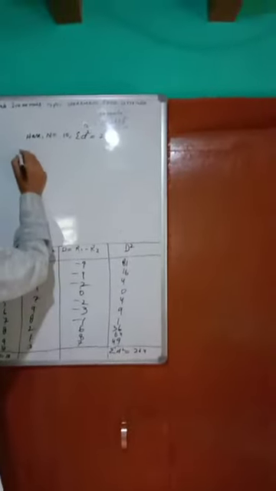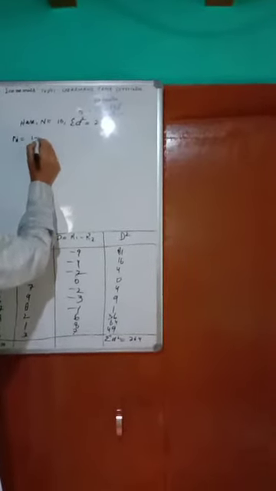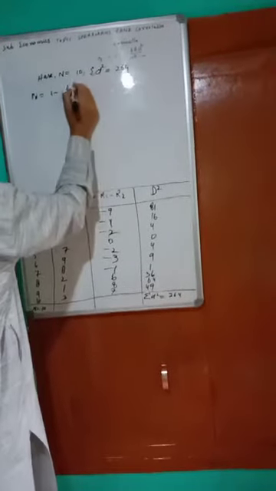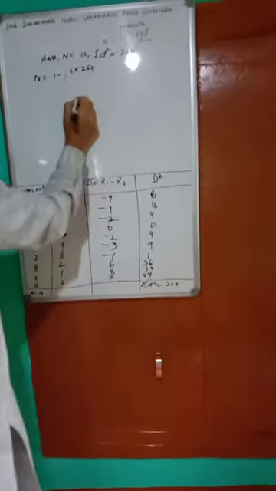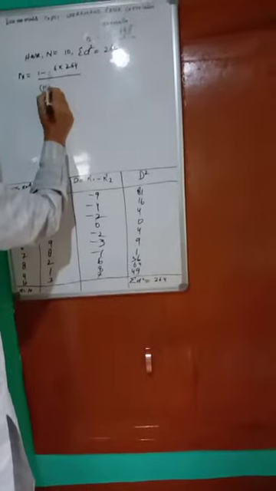Rk = 1 minus 6 into sigma d square, 264, divided by n cubed, that is 10 cubed, minus n, that is 10.